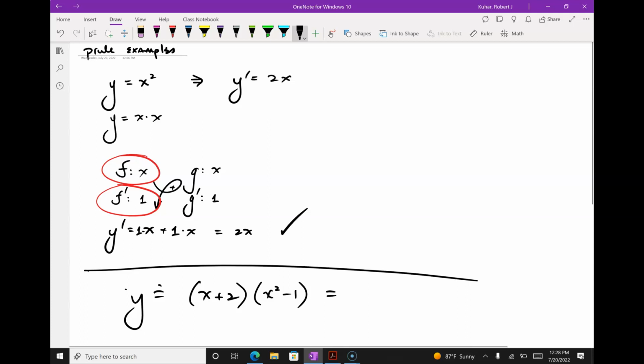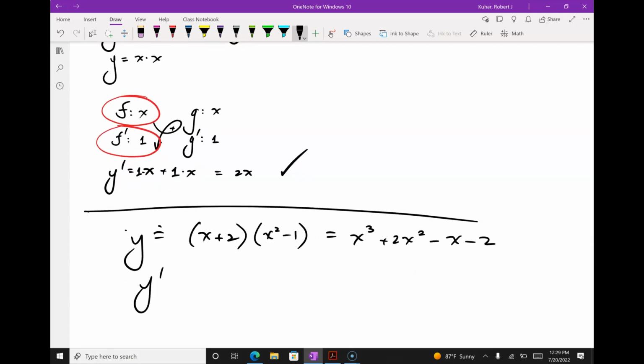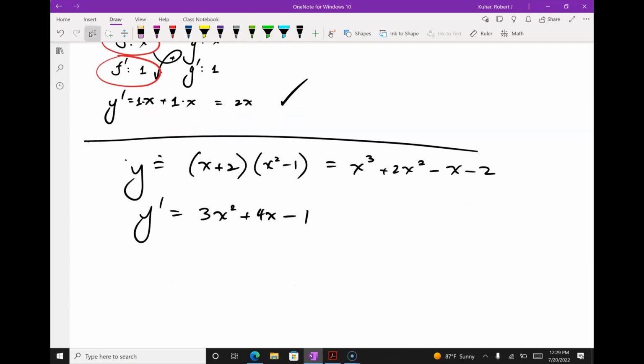So I know I can do shortcuts here if I can just get this to be a single polynomial, which is what? X cubed plus 2x squared minus x minus 2, right? Will you double check me there, please? Yes? And so y prime, very simple, is what? 3x squared plus 4x minus 1. Agreed?